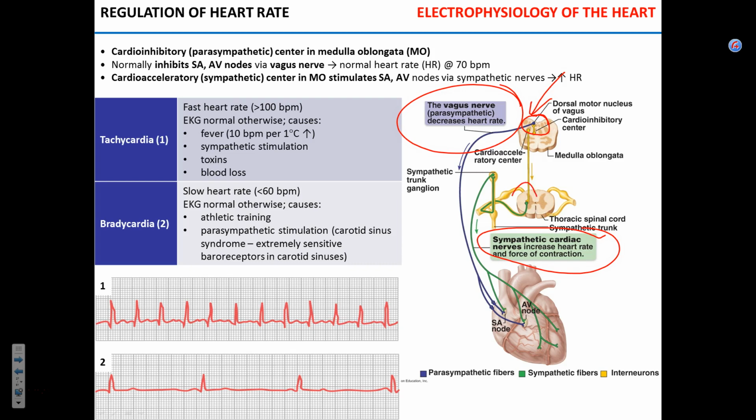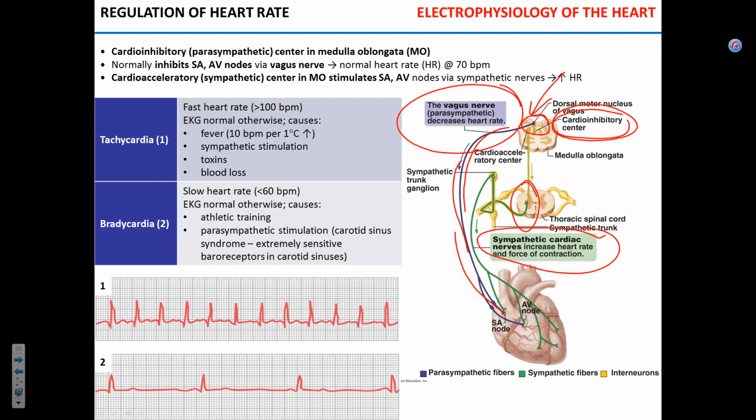Sympathetic cardiac nerve originates in the spinal cord, in the lateral horn. Now, look, physiologically it's pretty straightforward. Normally at rest, your heart is under which control, sympathetic or parasympathetic? Parasympathetic. So, cardioinhibitory center sends the signals down the vagus nerve, inhibiting both SA and AV nodes.